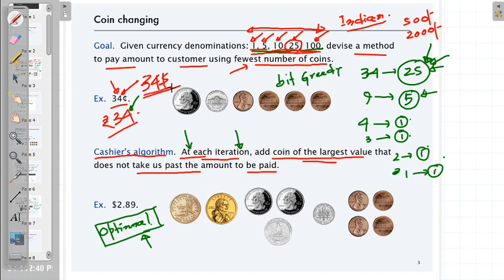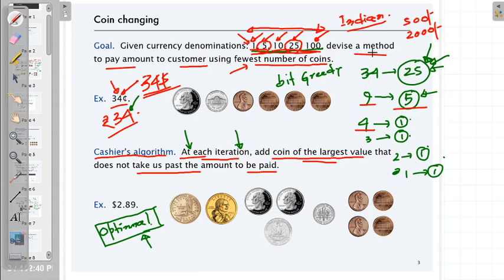Then we subtract, so 9 is remaining, and out of these denominations 5 will be the next to be chosen. Then 4 is remaining, and each time we have to choose one.